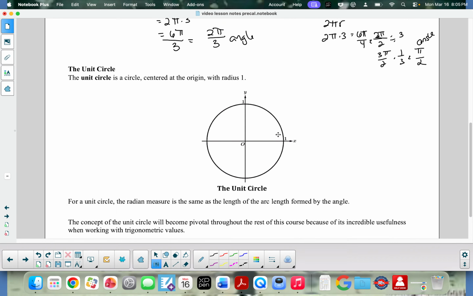So dividing arc length by 1 does not do anything. So if I had, let's say, an angle of pi over 4, that would be my angle. That would also be my arc length. So that's basically what that means: because your radius is 1, that's what it does.